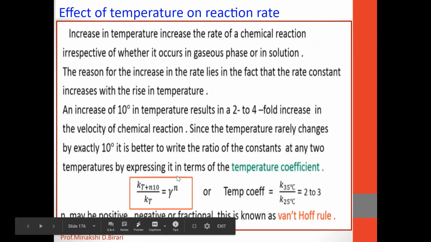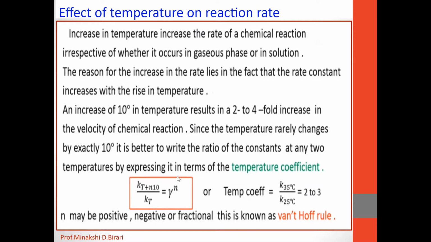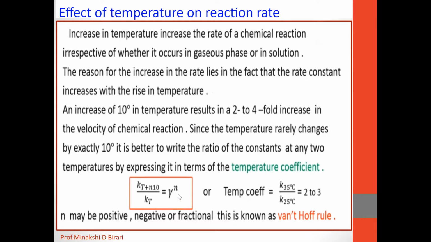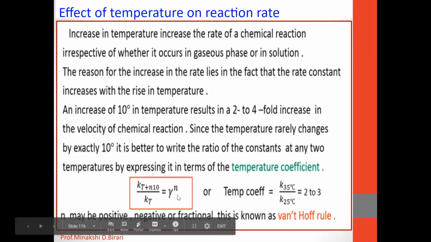It is approximate and has been established for reactions in solution which proceed at relatively lower temperature. With rise of temperature, the value of gamma does not remain constant and it decreases and tends to unity.